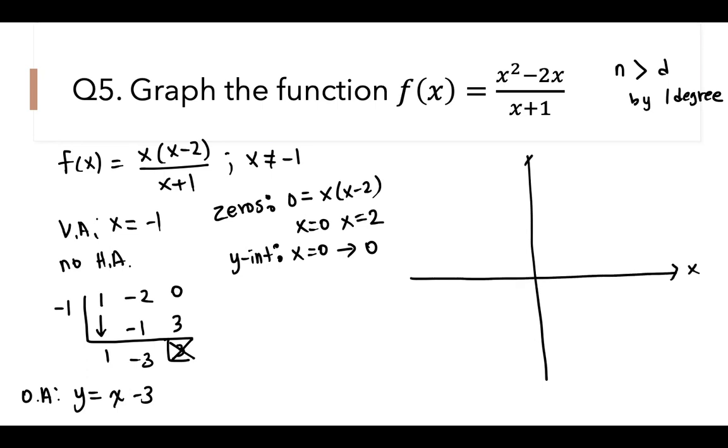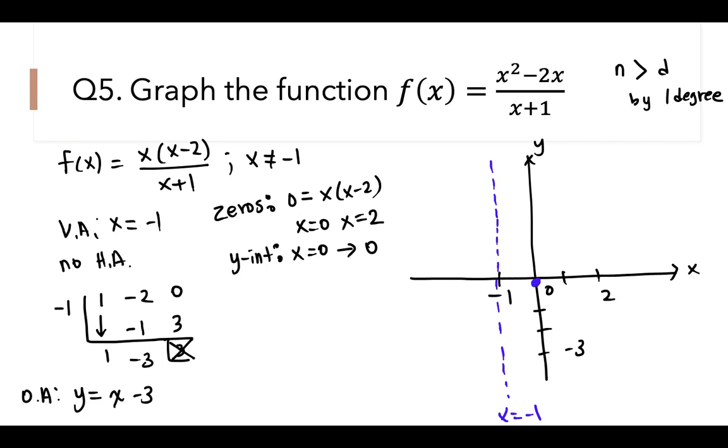This is x, y. Let me label all the important points. So it's like -1. So we have 0, and then we have 2, and we also have -3, so the line. Okay, let me label all the key characteristics here. So vertical asymptote at -1. And we have an oblique asymptote. And let me circle the zeros.